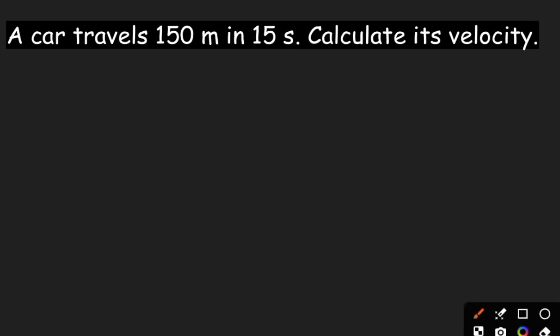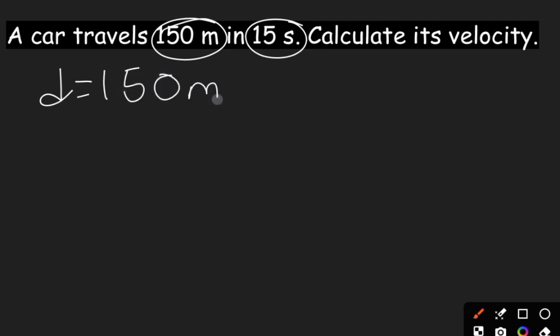So with this question, a car travels 150 meters in 15 seconds. Calculate its velocity. So this is very basic and simple to follow. First, your distance is 150 meters. Then your time is 15 seconds.